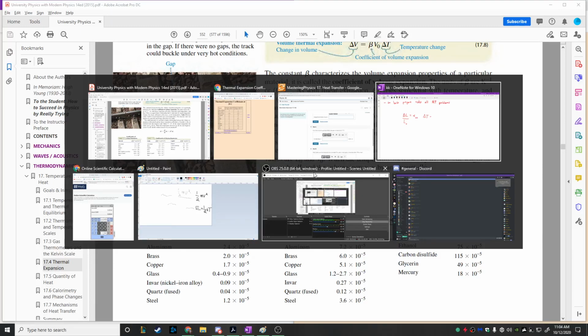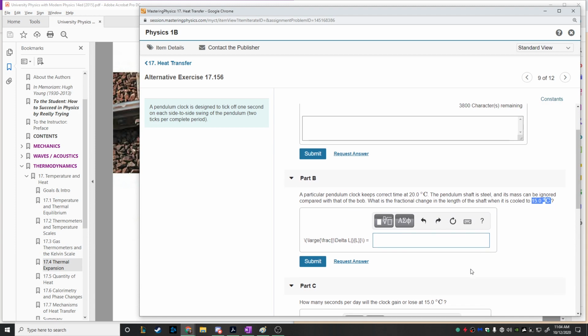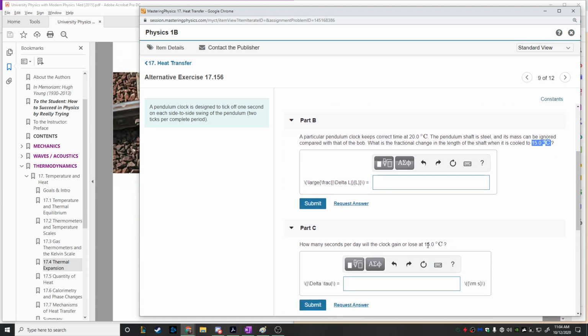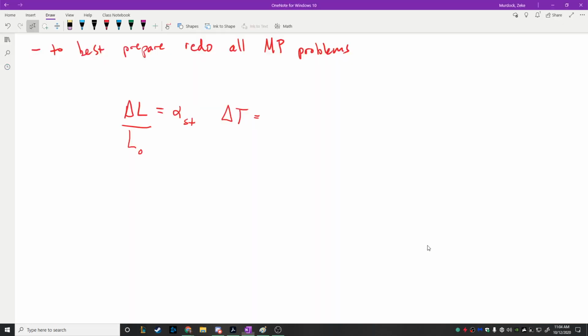Okay, so the temperature change was 5 degrees, right? 20 to 15. So it's going to get shorter. So if we do 1.2 times 10 to the negative 5 per degrees Celsius times delta T, the change in temperature is from 20 to 15.